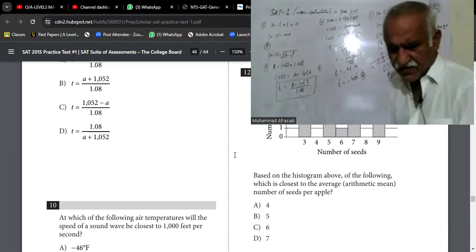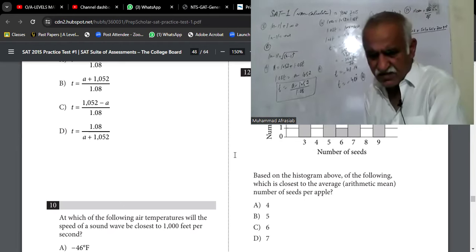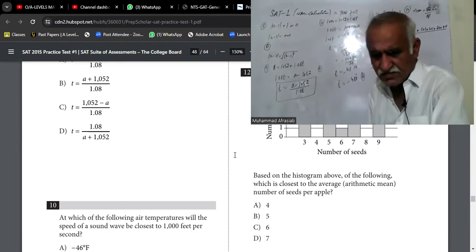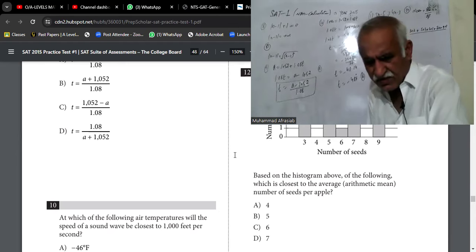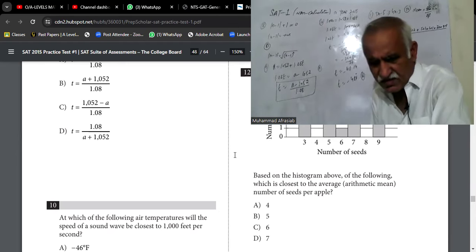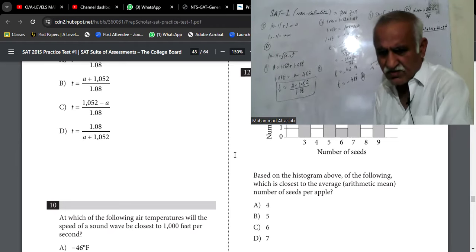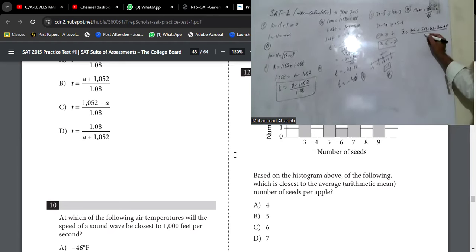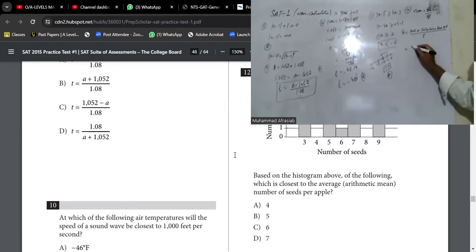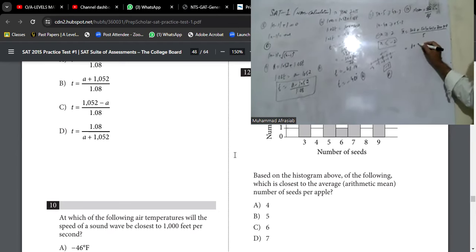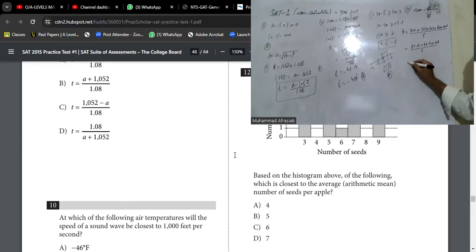based on the following information. How many apples were there? 5 apples were there. So this should be equal to 6 plus 20 plus 6 plus 14 plus 27 divided by 5.